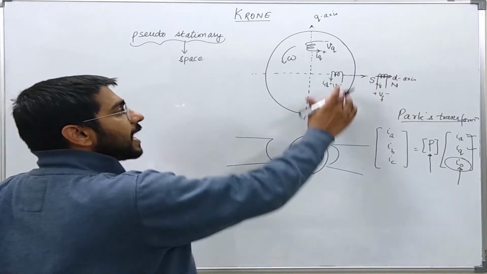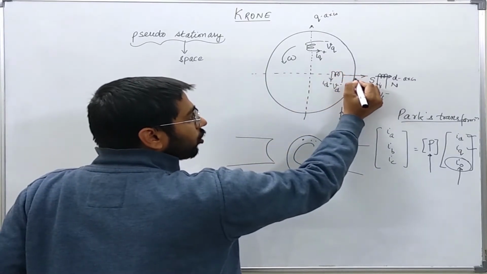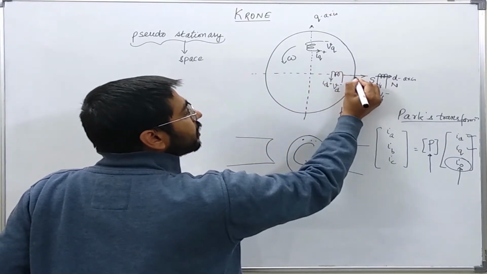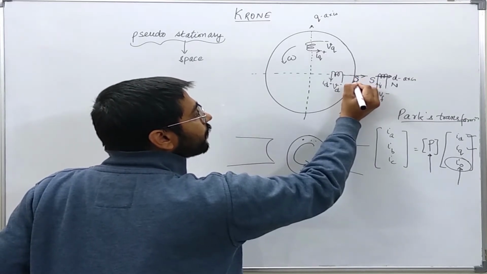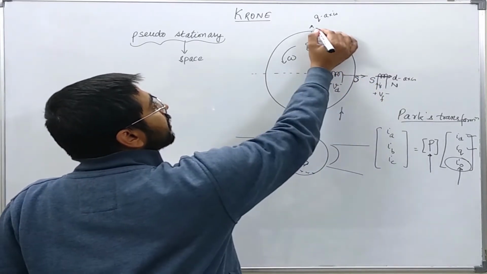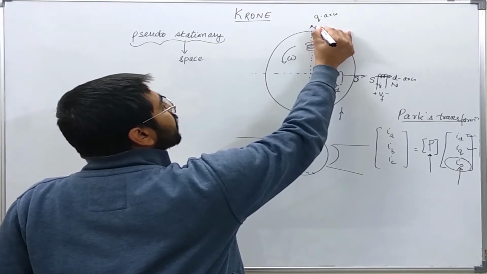But since I have reversed the sign convention here, instead of creating a north pole here, this winding will create a south pole on the surface of the armature. Similarly, this winding will also create a south pole on the surface of the armature.